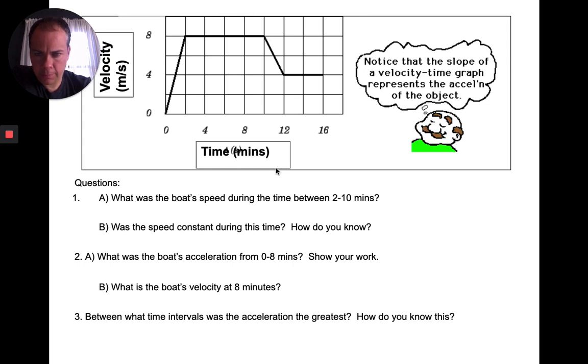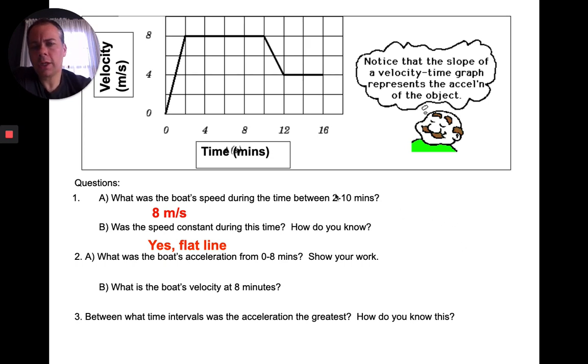Well, I'm using speed and velocity interchangeably here, by the way. During that time, the speed was constant. It was constantly moving at a speed of 8 meters per second. Was the speed constant? Yes, because the line was flat. The velocity was not changing during that time period.